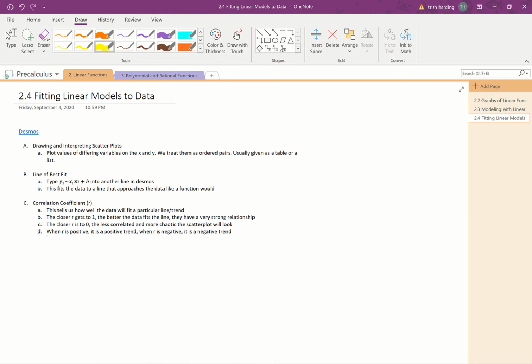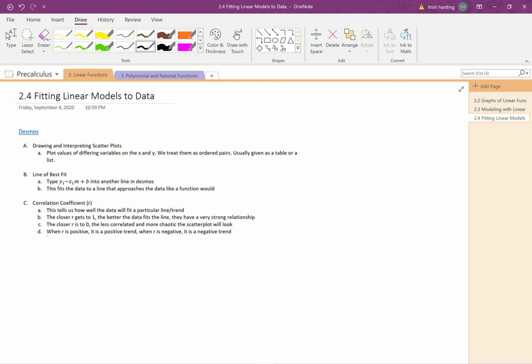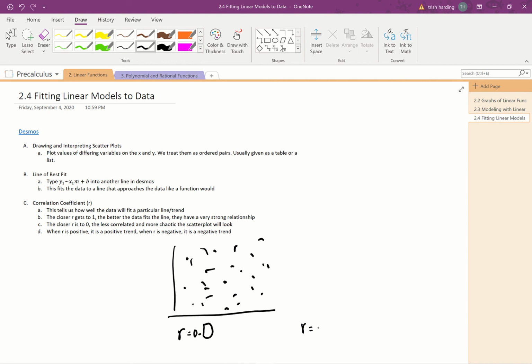So here you'll have, let me get a pen, zeros in the middle, right? If we had a scatter plot with no correlation at all, none whatsoever, this is r equals 0.0. When r equals negative 0.5, you can kind of see the trend going down, right?